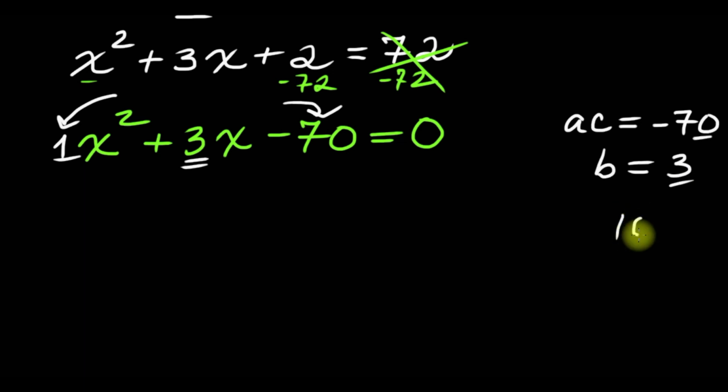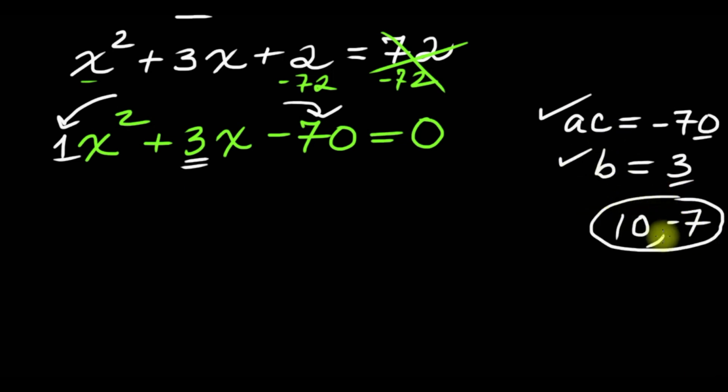How about we try 10 and 7? One of these is a negative number, so the 7 has to be negative to make it work. 10 times negative 7 is negative 70, and 10 plus negative 7 is positive 3. These are the two numbers we're looking for.